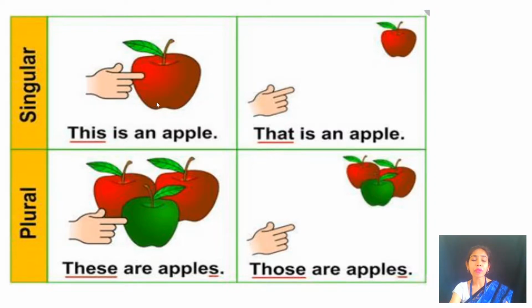So anything which is near, कोई चीज जो हमारे पास है और एक है, तो हम उसके लिए क्या यूज करेंगे? this.